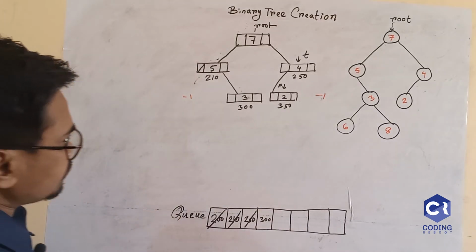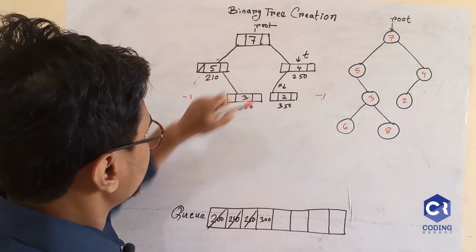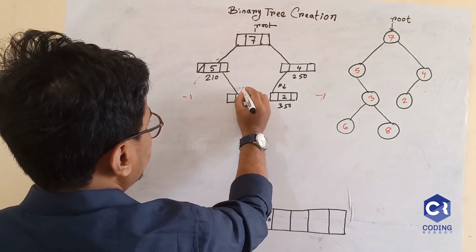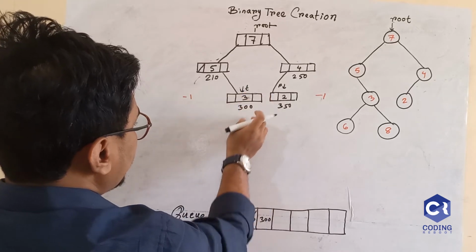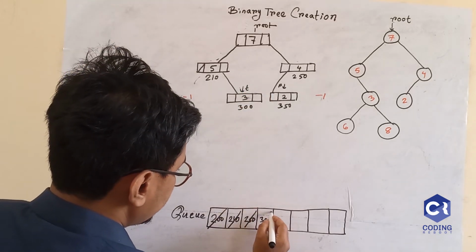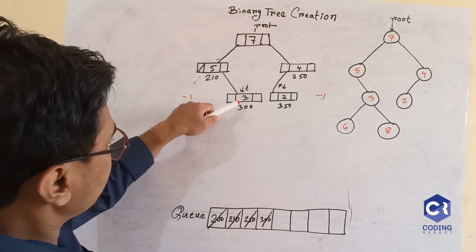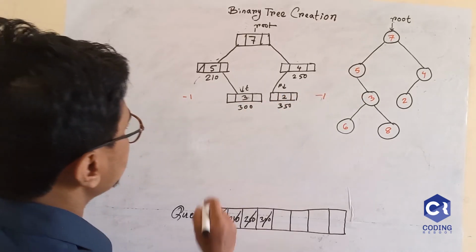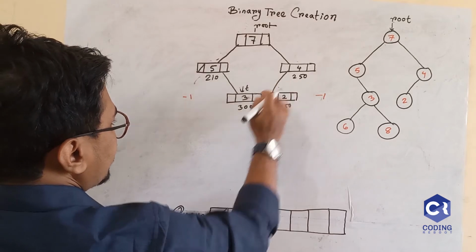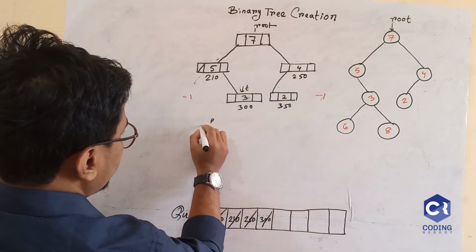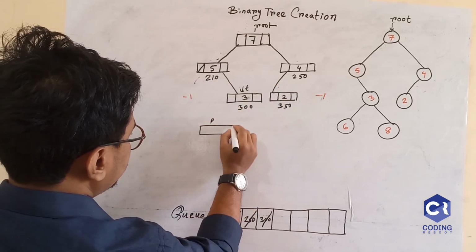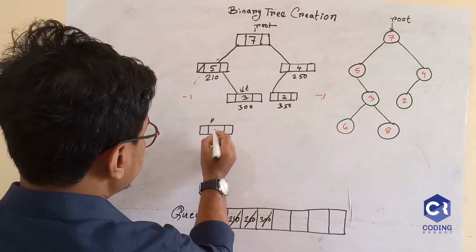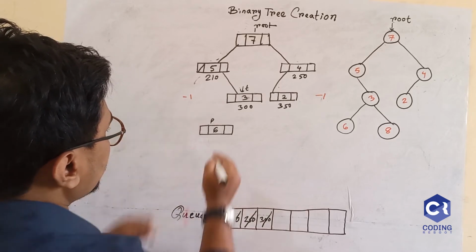Now come to this node and take this pointer here, the address 300, remove this from Q and ask the same questions. Is there a left child? Yes, there is a left child. So take this pointer P here and create a new node and insert this 6 and link them.